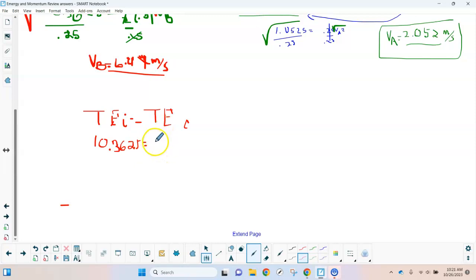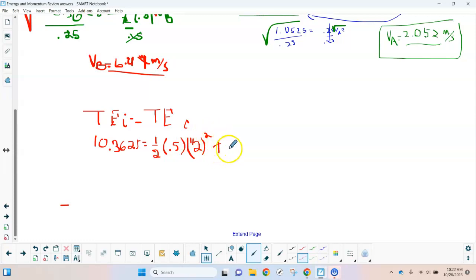And then this is going to be, it's going 2 meters per second, so 1/2. The mass is still 0.5. This time it's going at 2. The velocity. Make sure you squared the velocity.